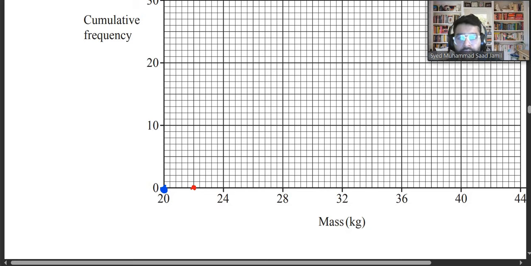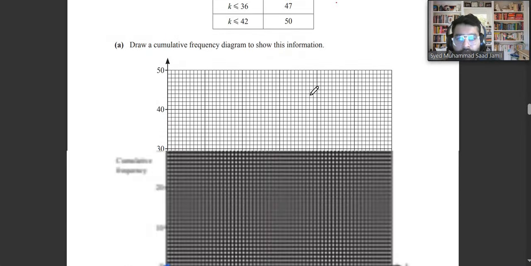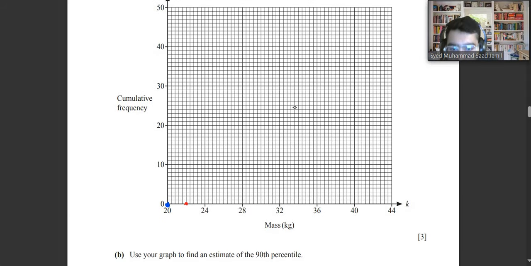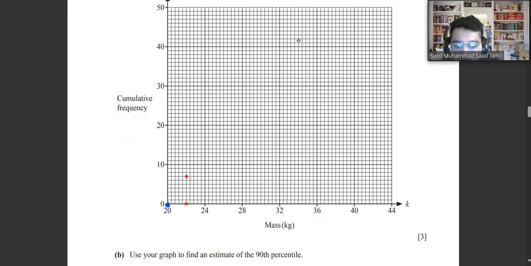This number in the center is going to be 22. So at 22 it's 7. This point is 7. At 24 they have 23. Let me erase this point so that we don't get confused.